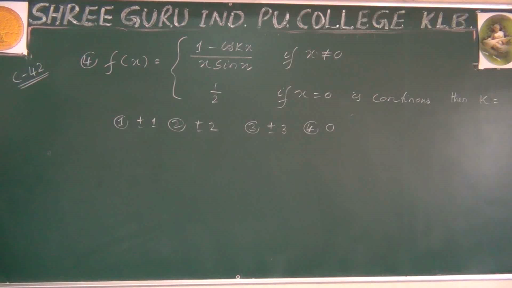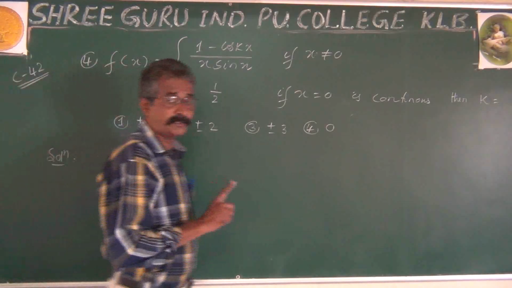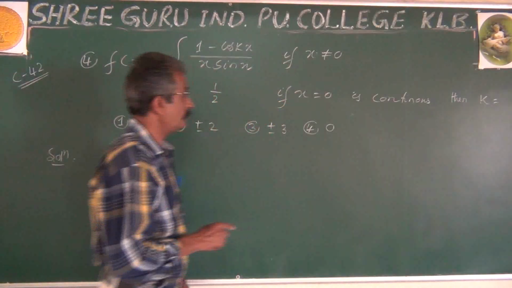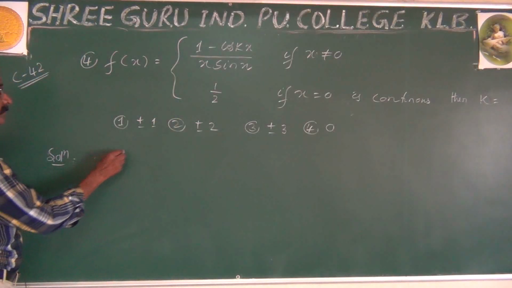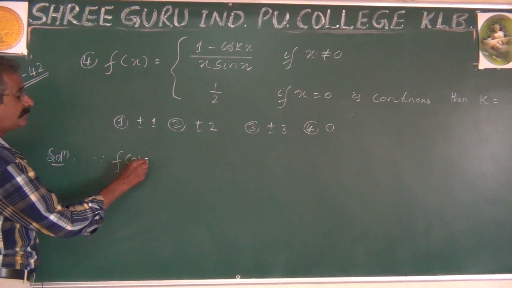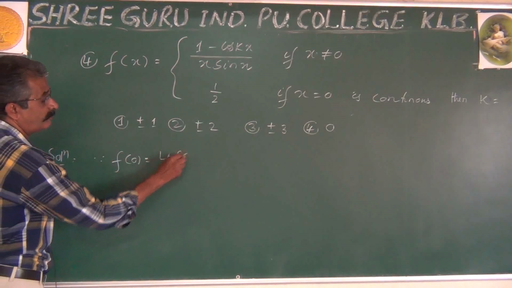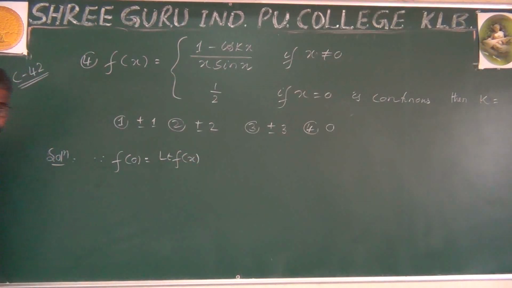Solution. What is given? Given that the function is continuous, so f of 0 equals the limit of the function. Obviously, f of 0 equals the limit of f of x. I already told some steps. I may not write them here because we are not answering for theory.